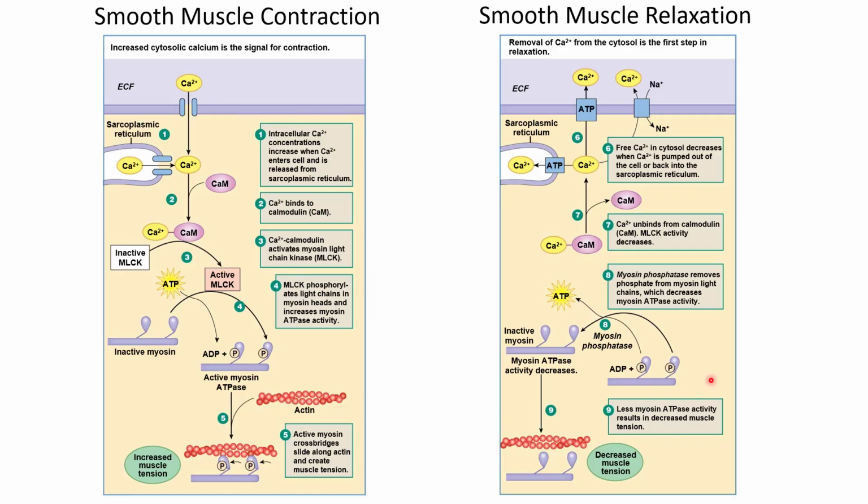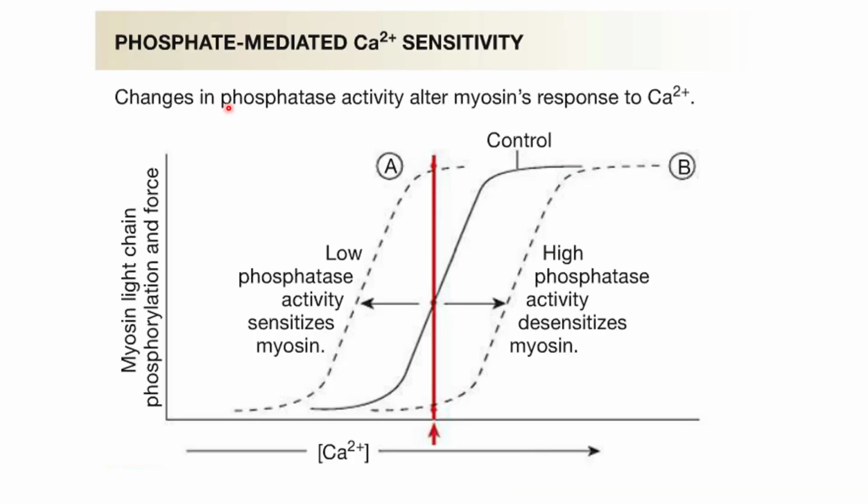So if we go back, here's our phosphatase activity, of how quickly myosin phosphatase is going to cleave the phosphate from our myosin heads and restore an inactive myosin head where we're not bound with our actin filament. And so this activity can be altered, of how quickly we relax, based off of calcium concentrations.